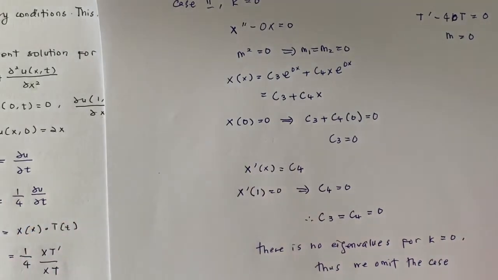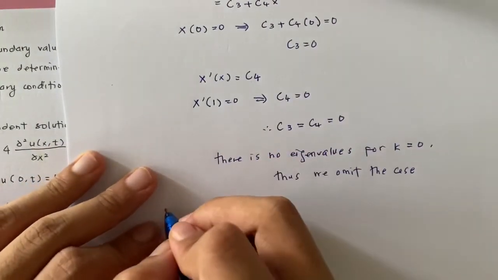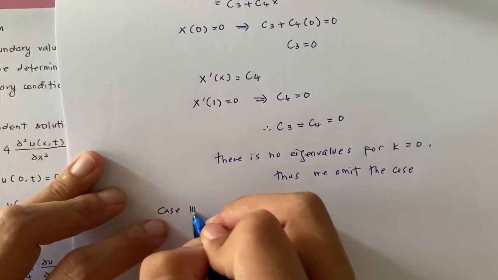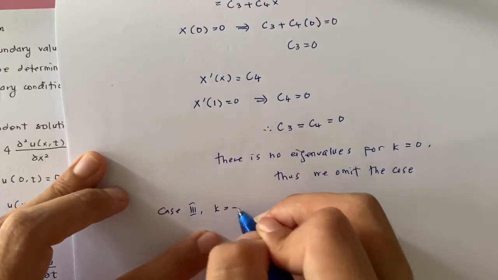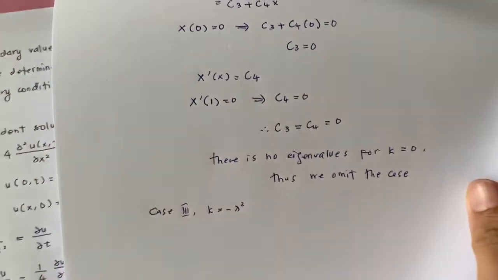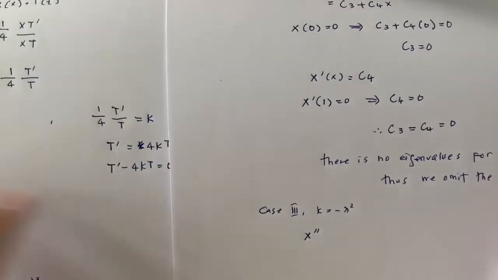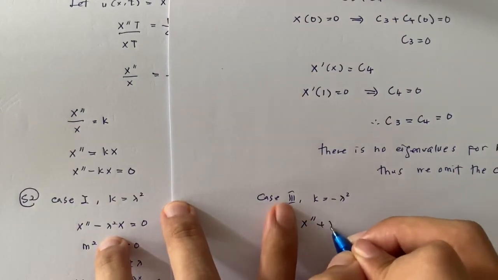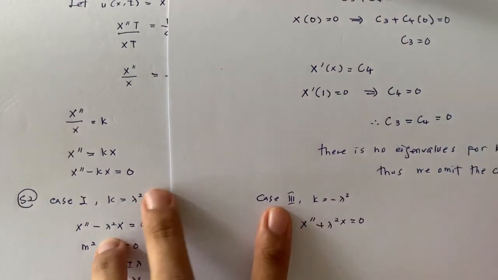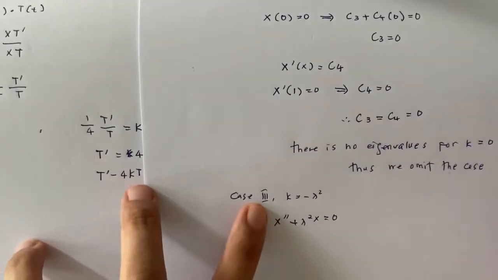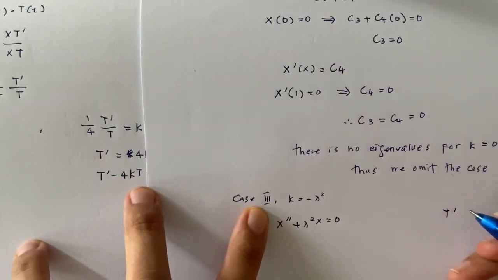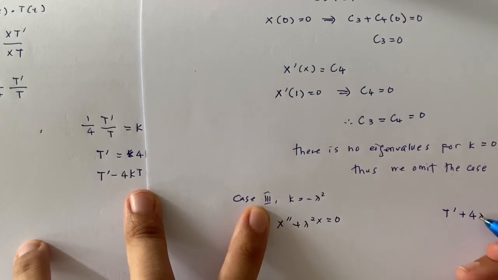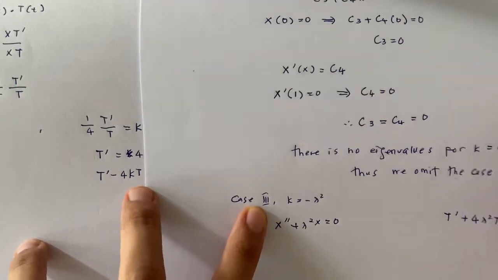Okay, but we still have the third case. So now we proceed with the third case to see if we can find the eigenvalue. The third case is when k is negative, minus λ square. So x double prime plus λ square x equal to 0, and t prime plus 4λ square t equal to 0.